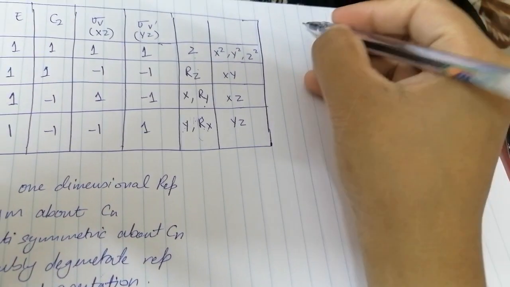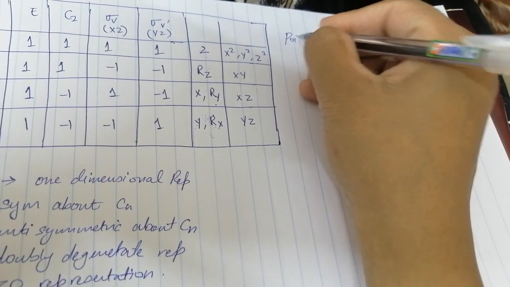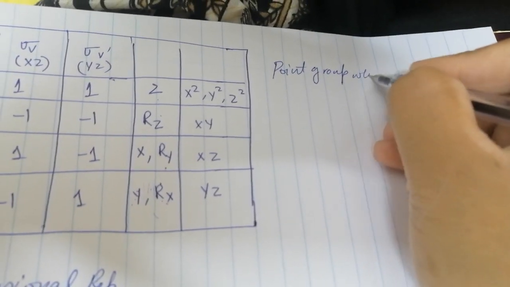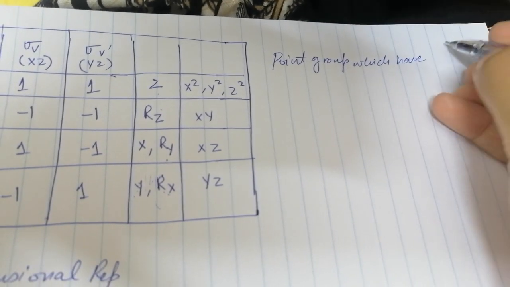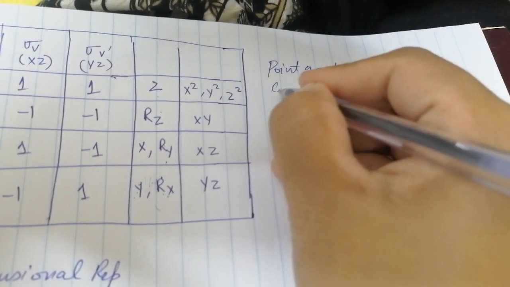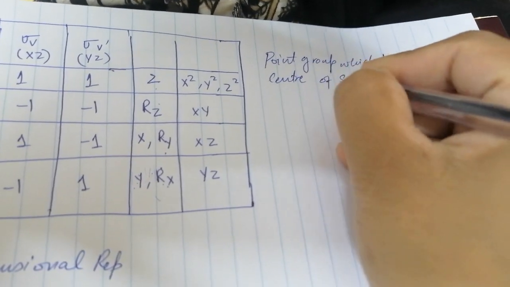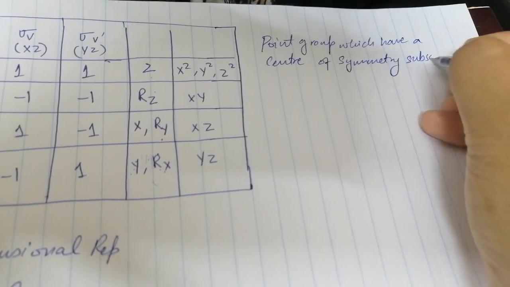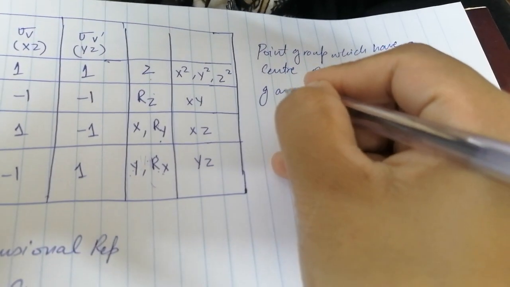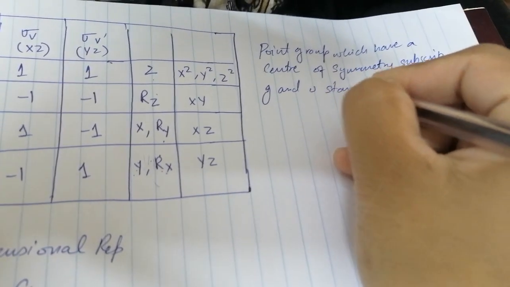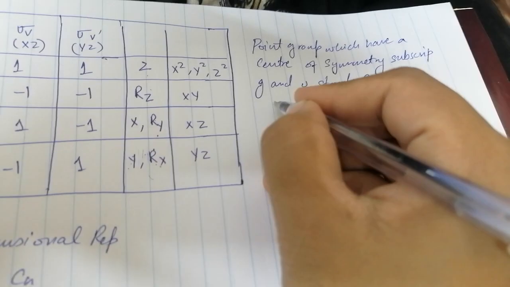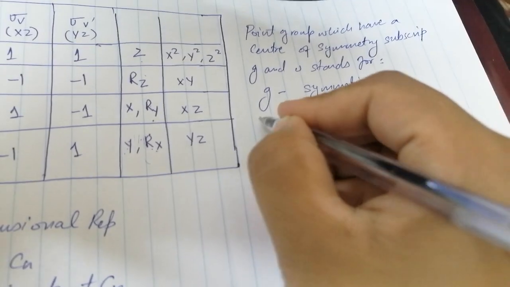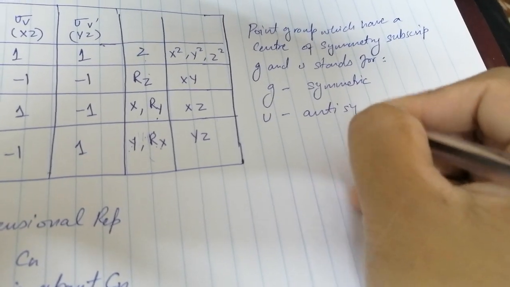So you can say, point groups which have a center of symmetry, subscripts g and u stand for: g is for symmetric, and u is for antisymmetric.